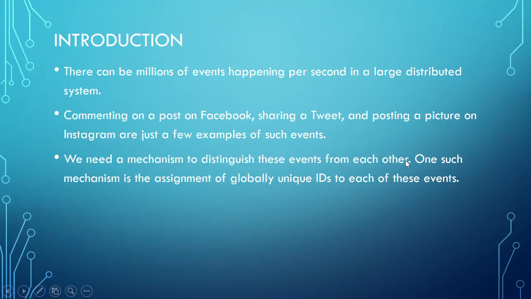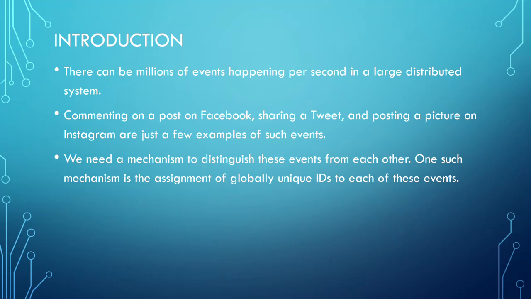Let us move on. There are millions of events happening per second in a large distributed system which spans across all geographical locations. For example, take Facebook, Twitter, or Google. Commenting on any social media or posting a picture on Instagram are a few examples of such events.